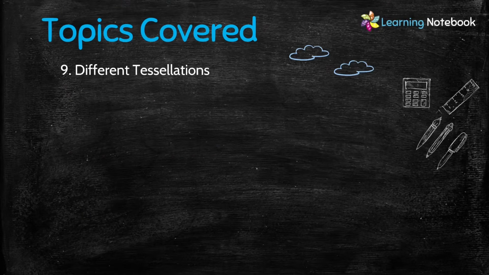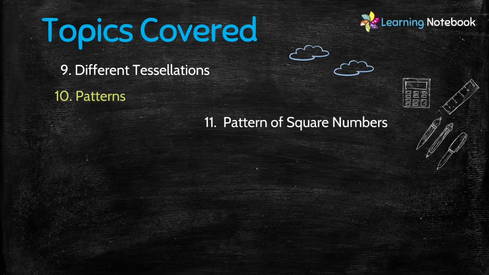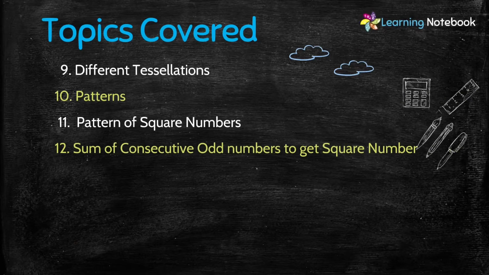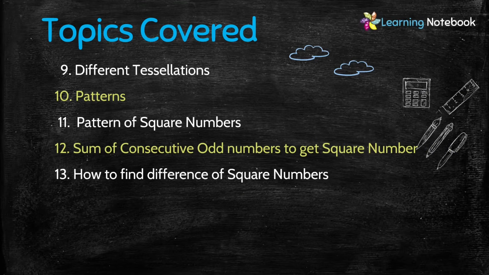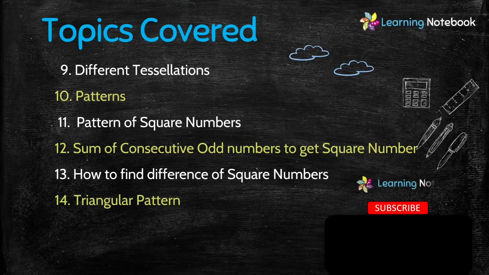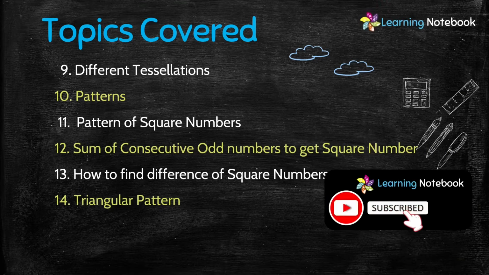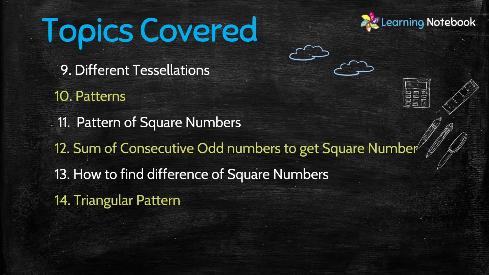After that, we will do different tessellations, patterns, pattern of square numbers, sum of consecutive odd numbers to get square numbers, how to find difference of square numbers, triangular pattern, and then students, in the end, I will give you a worksheet for your practice.